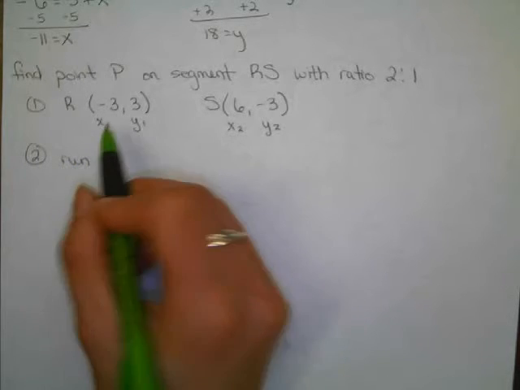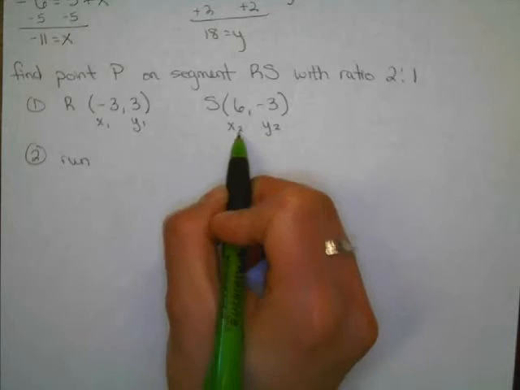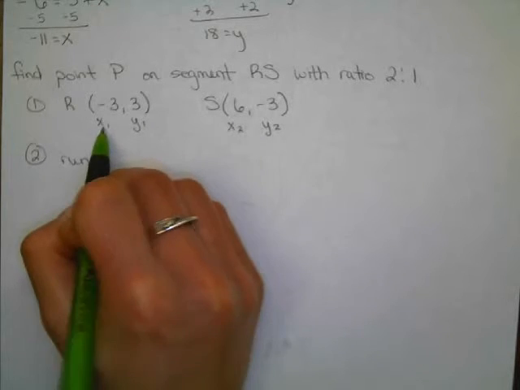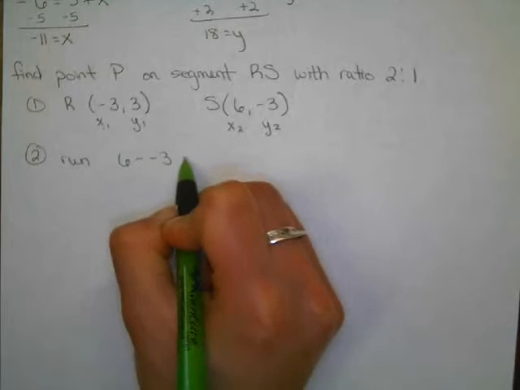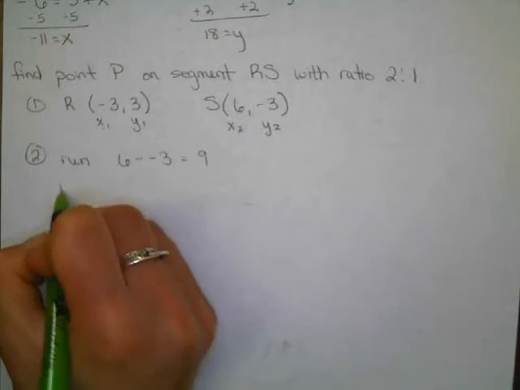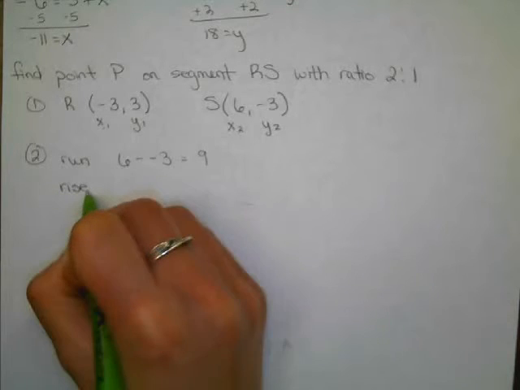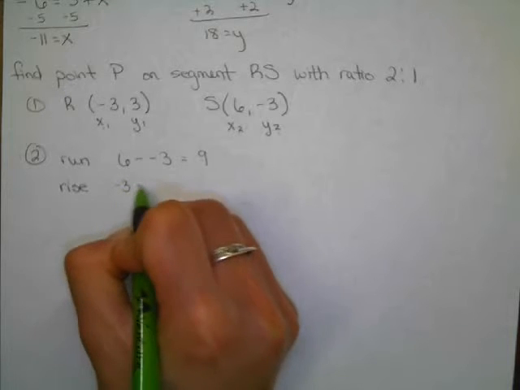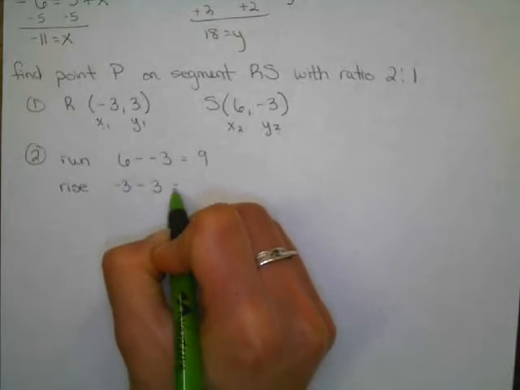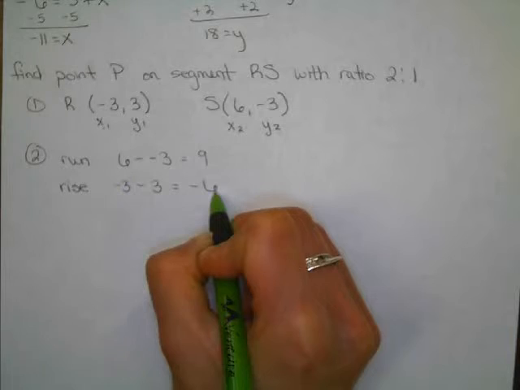So the run from R to S is going to be x2 minus x1. So that's going to be 6 minus -3, which is 9. And then the rise is your y values of R to S, which means I start here at S at -3 minus 3, which is -6.